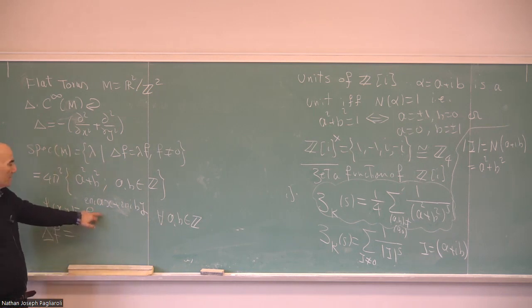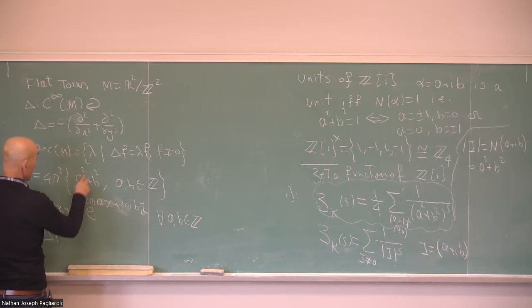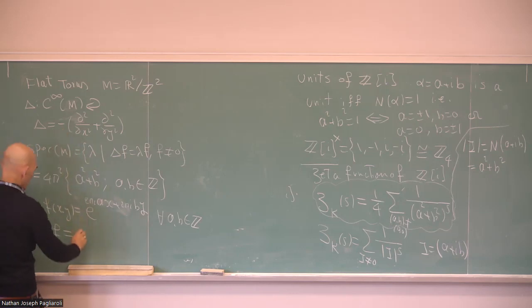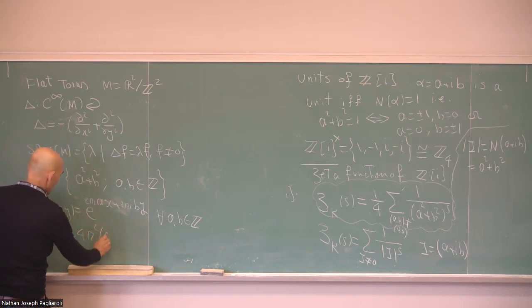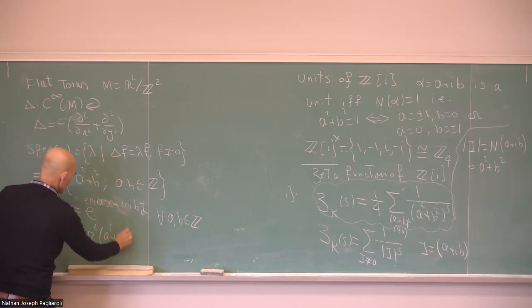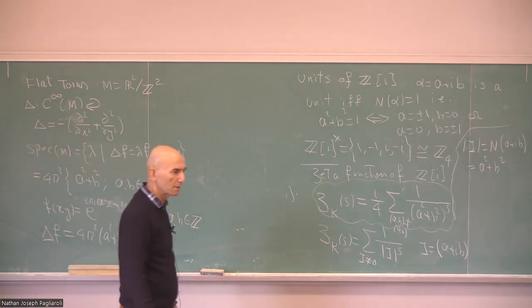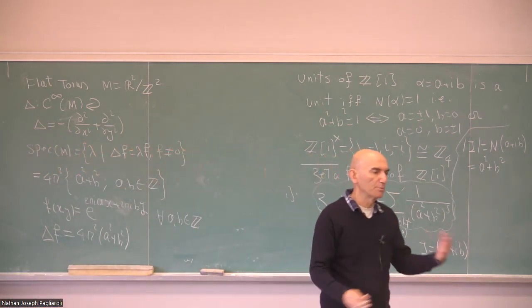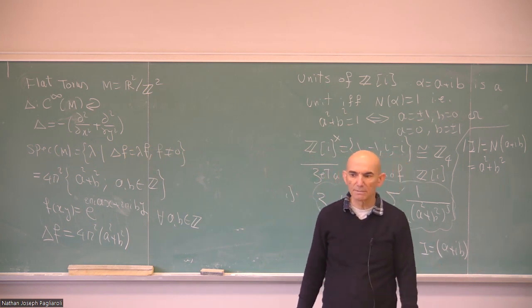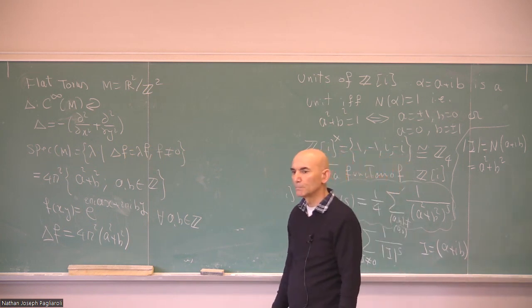If you compute the Laplacian of this function, with the minus sign, you get 4 pi squared times a squared plus b squared. So this immediately shows that at least you have this many points in the spectrum, and then Fourier series tells you that there can't be anything else. That's the spectrum.